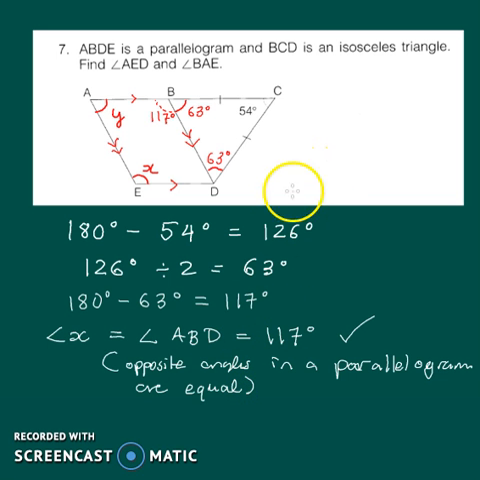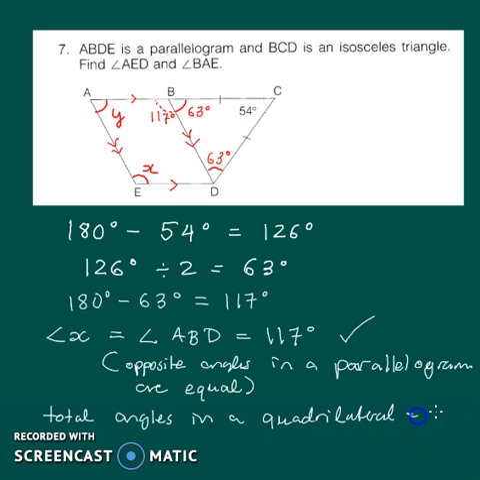Okay. So if we know that those two angles are equal, and that the total of the angles in a quadrilateral, any quadrilateral, is 360 degrees, and we already know two of the angles, then we can subtract that from 360.